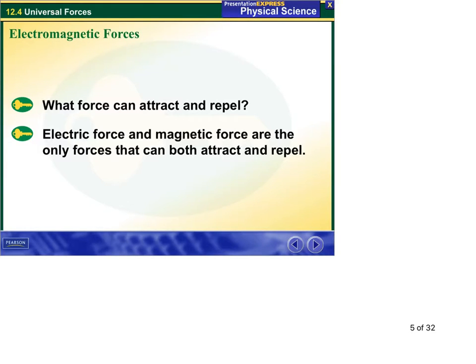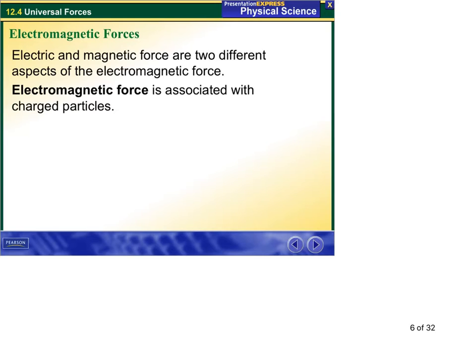Electromagnetic forces. Magnetic forces are the only forces that can both attract and repel. So, electric and magnetic force are two different aspects of the electromagnetic force.